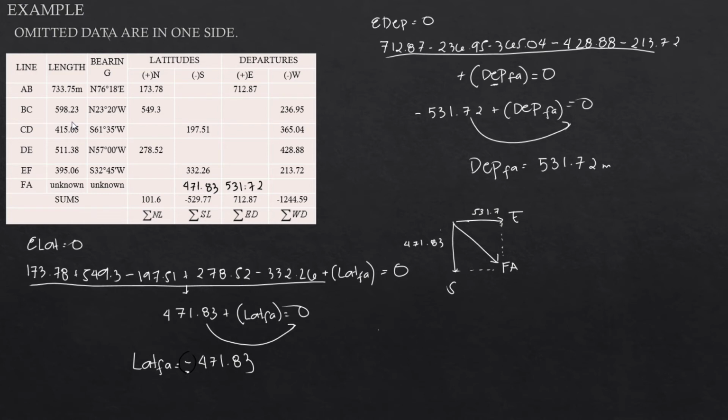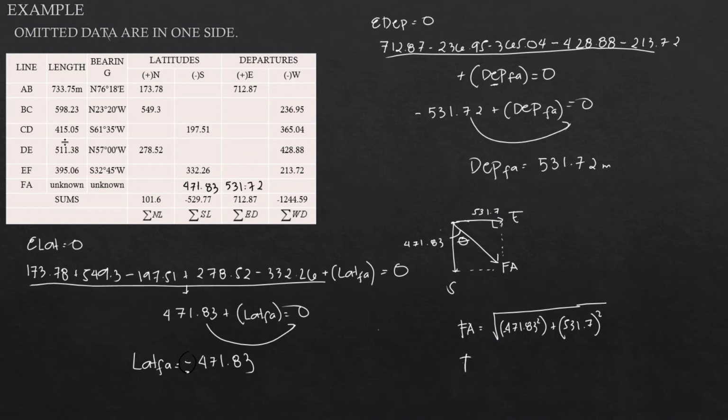Gamit lang tayo ng Pythagorean. Okay. So, ito yung kunin natin na bearing. Kasi di ba ang bearing natin is laging nakadikit sa south or north. So, ito yung kunin natin. Okay. FA ngayon is equal to square root ng negative 471.83 square plus 531.72 square.